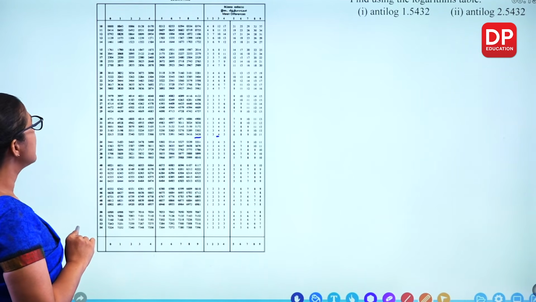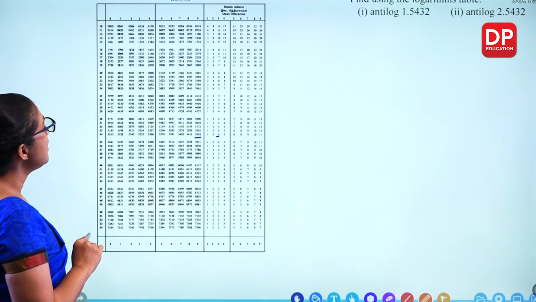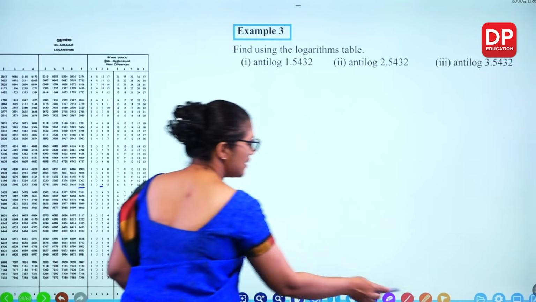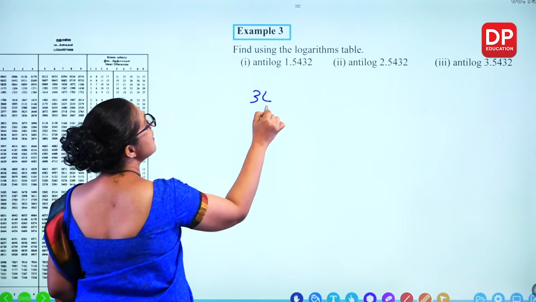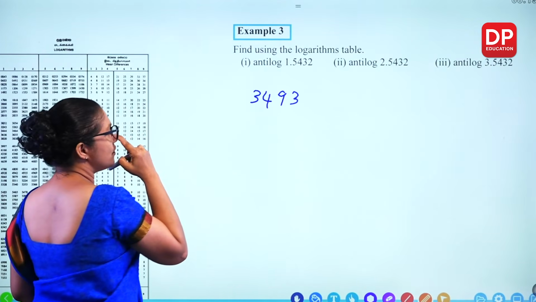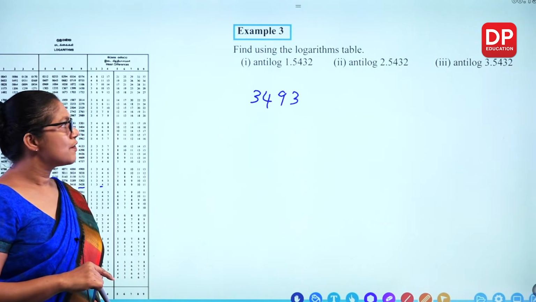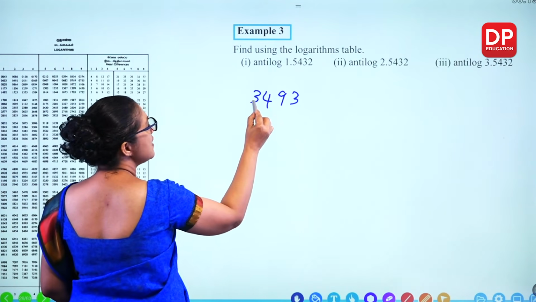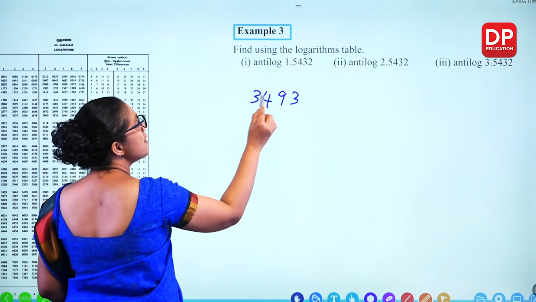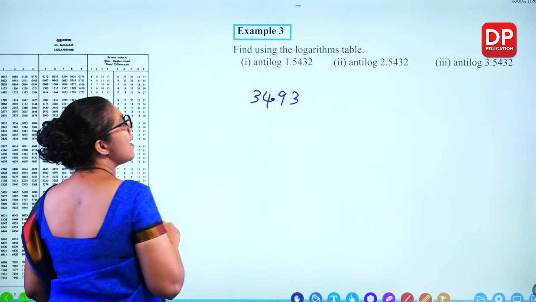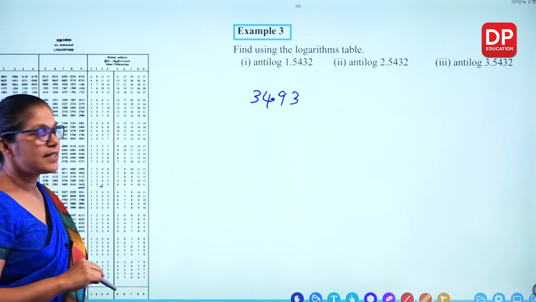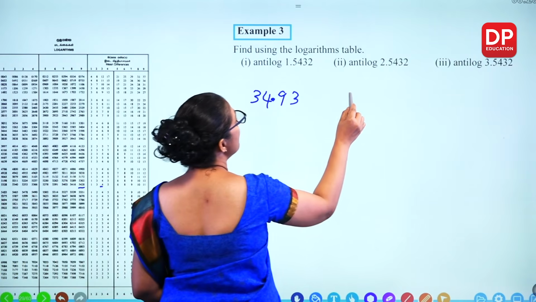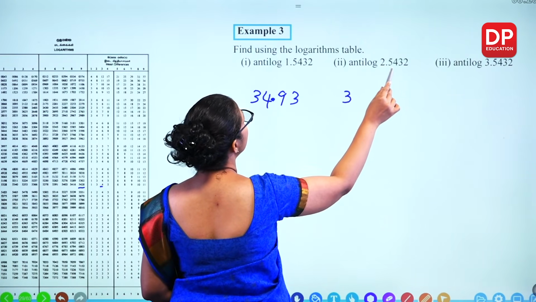So you get 3493. 3493 is the anti-log value. Now the characteristic is 1. That means you are moving decimal place one place to the right. Answer is 34.93.